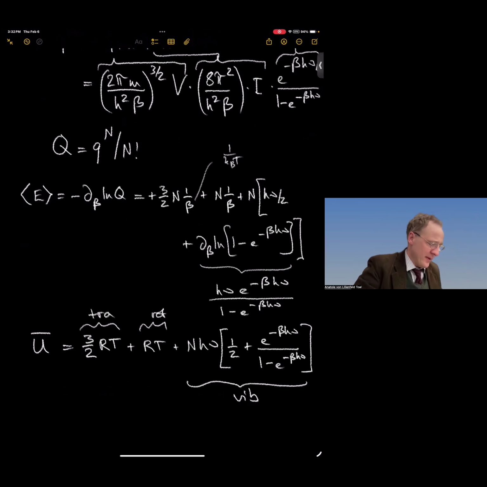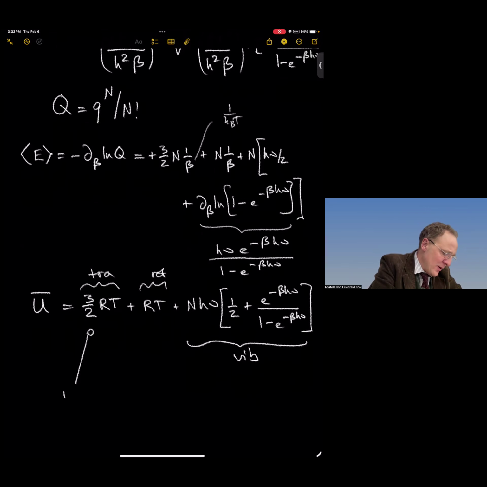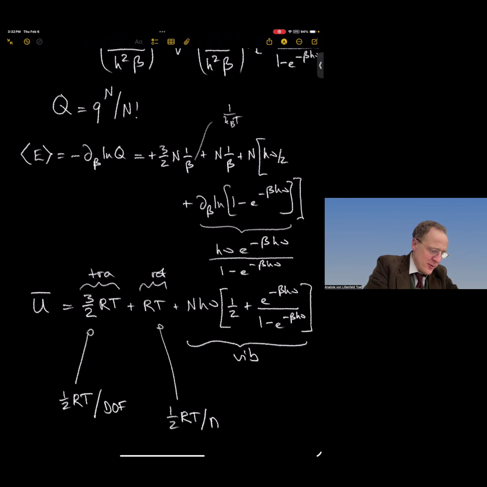And now this is very beautiful. So you see that from the translation, we get 1/2 RT per degree of freedom, right? I can move in X and Y and Z. Here, I also have 1/2 RT per degree of freedom. Since it's a diatomic, I can only rotate in 2 directions.